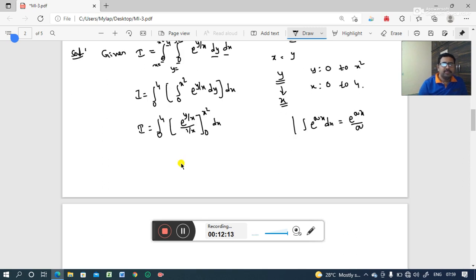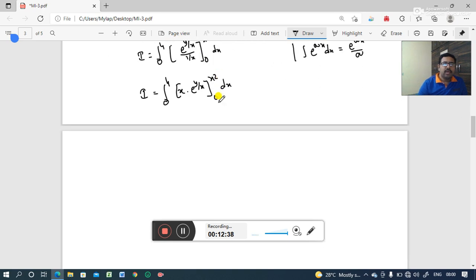Now let us simplify this. I is equals to integral 0 to 4. Since the denominator contains 1 by x, rewriting gives x into e power y by x, with limits from 0 to x square, into dx. In the next step I am going to use these limits.